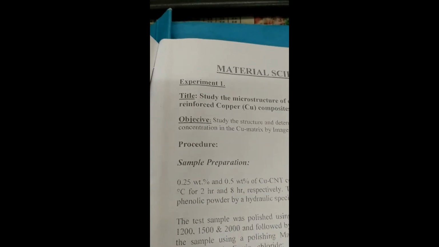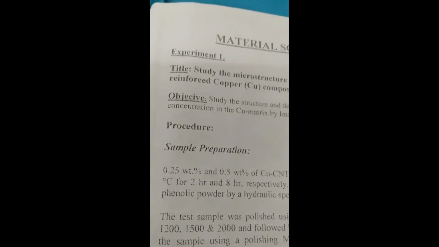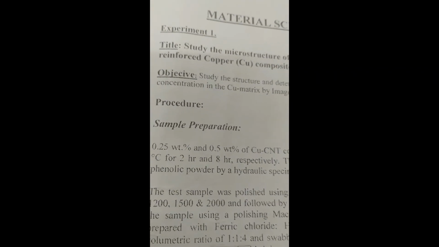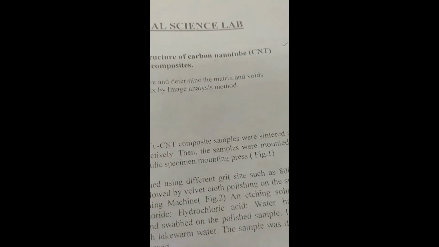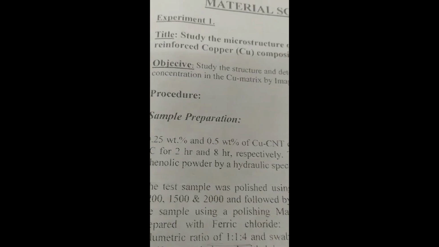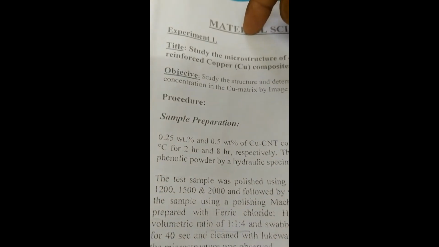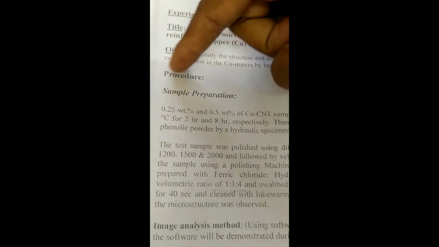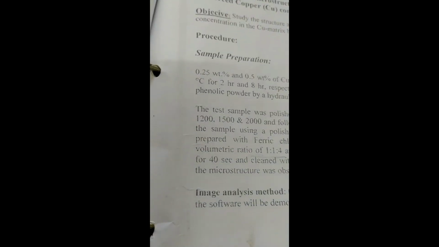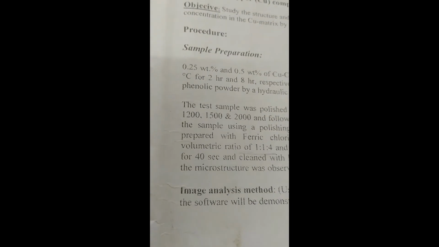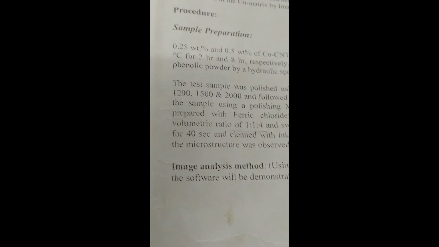Now we are coming to the last point, how to make the lab reports. So this is your lab manual. For experiment 1, the title was the study of the microstructure of carbon nanotube reinforced copper composite. So you have to write experiment number 1, then title, and then objective, then procedure, and the image analysis method.